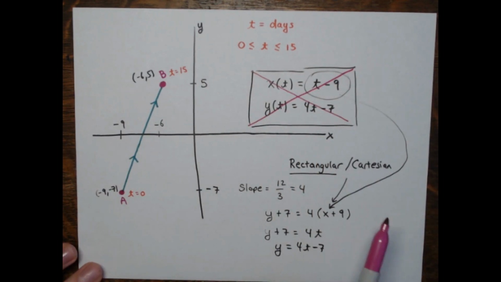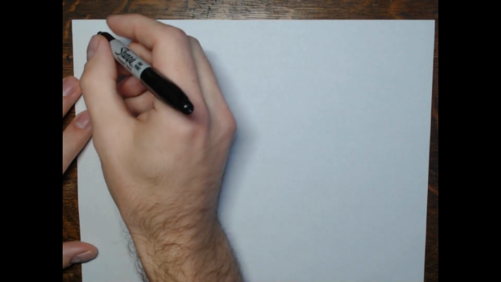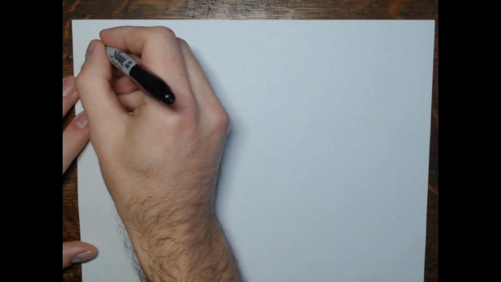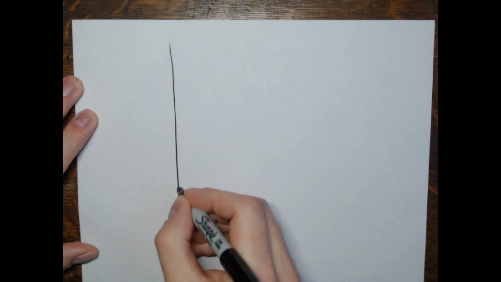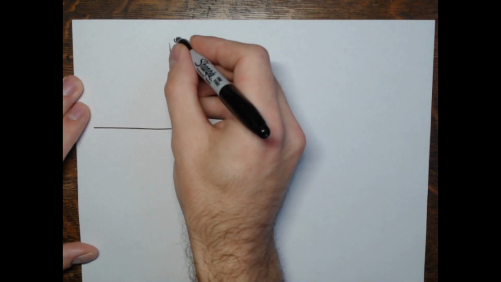All right, so let me redraw this. My sincerest apologies. I will leave a note in the description of the video mentioning that error. So again, same picture, my bad.